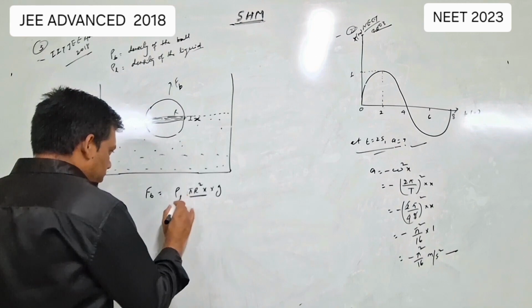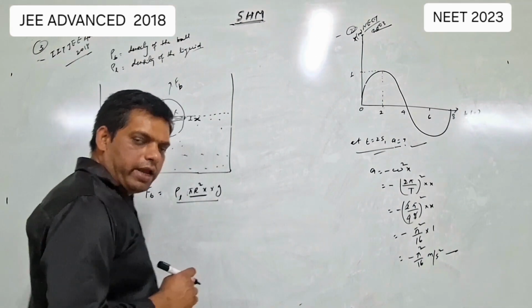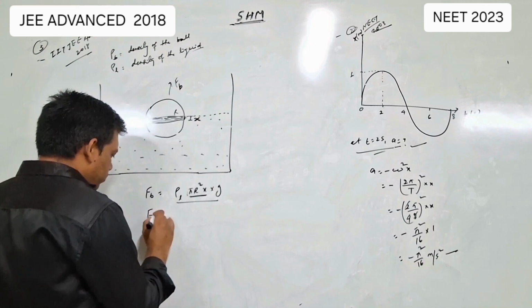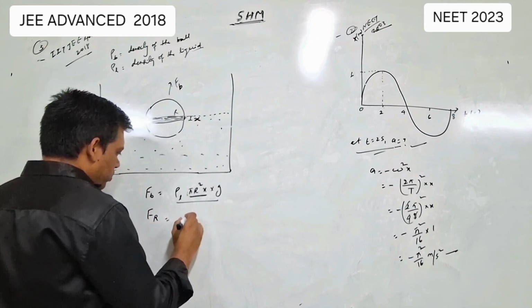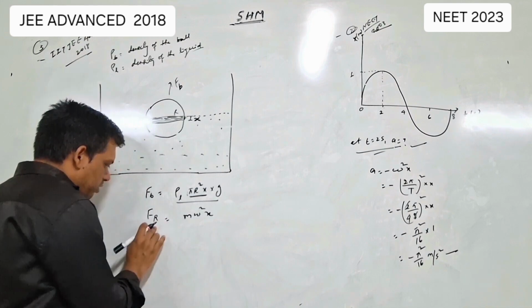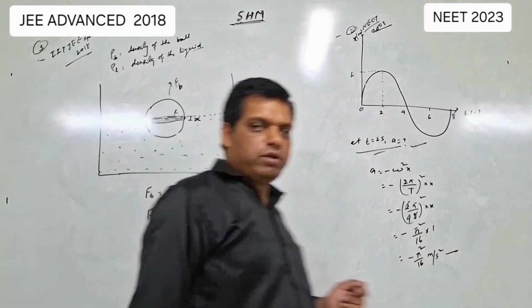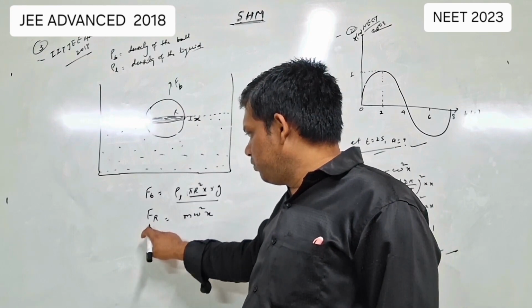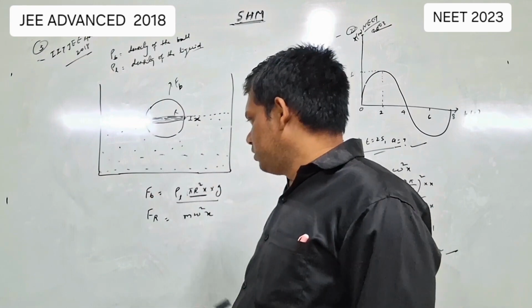Now this buoyant force will act as the restoring force. So the restoring force is equal to m omega square x. This is the magnitude of the restoring force. So we can compare this restoring force with the buoyant force.